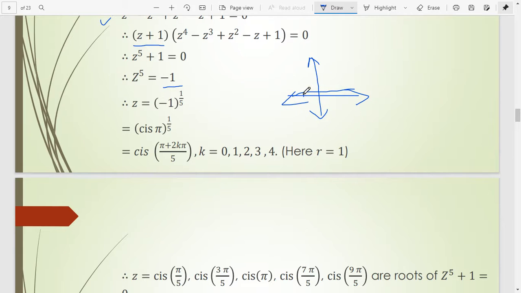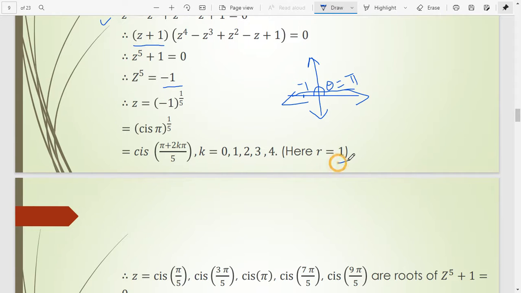Minus 1 lies on the x-axis, and the angle with the x-axis is theta is equal to pi. Put the value of theta: (pi plus 2k pi) upon n, where n is equal to 5 and the value of k is equal to 0, 1, 2, 3, 4.